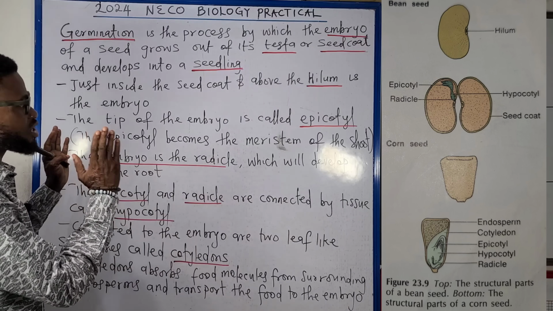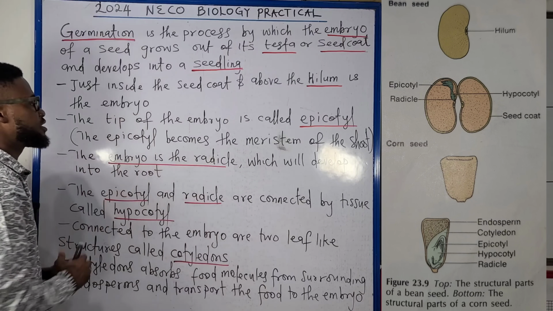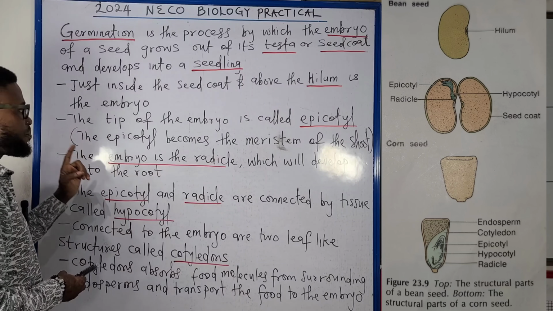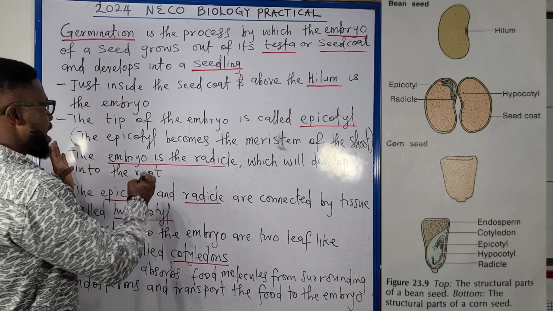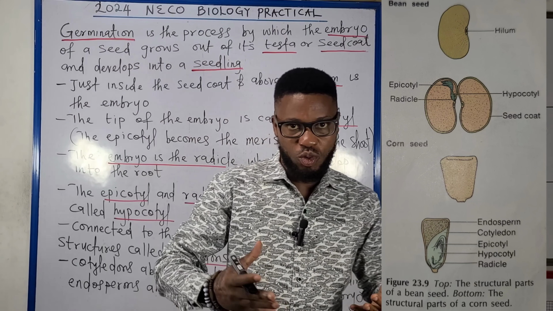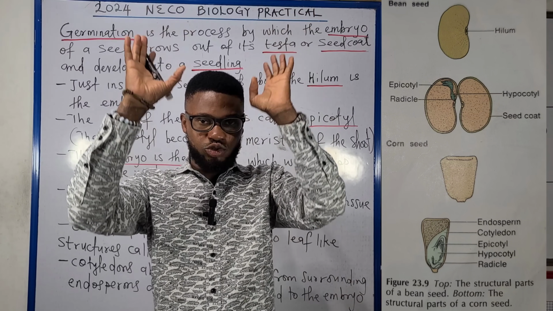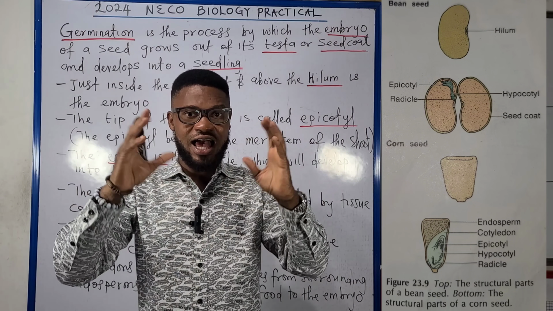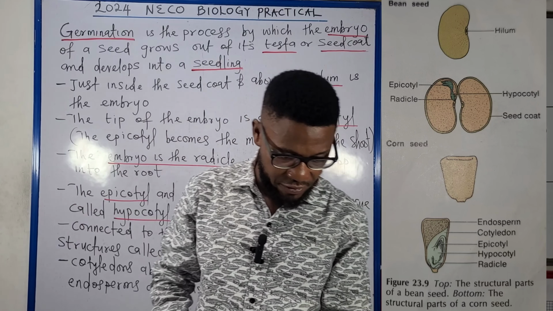Look at it. I try to capture all of that written on the board. The tip of the embryo is called epicotyl, and the epicotyl is going to become the meristem of the shoot. It is going to develop into the shoot, carrying the foliage leaves and the cotyledons. Look at it very well.